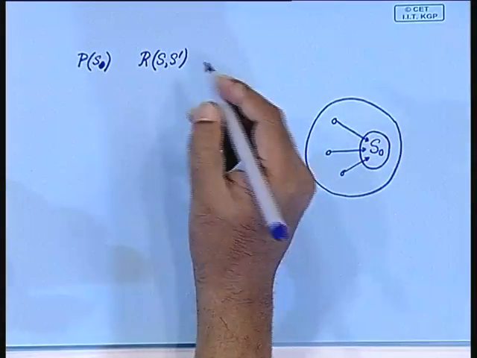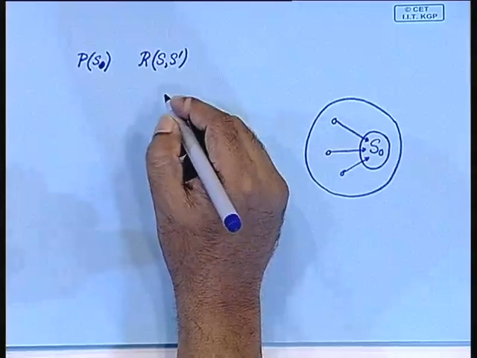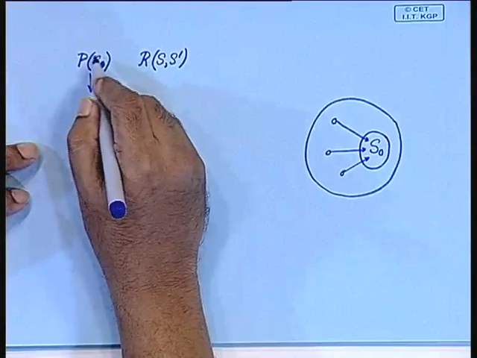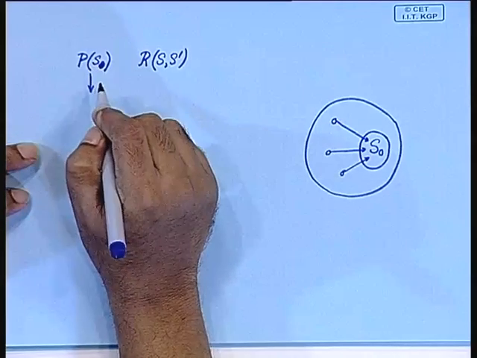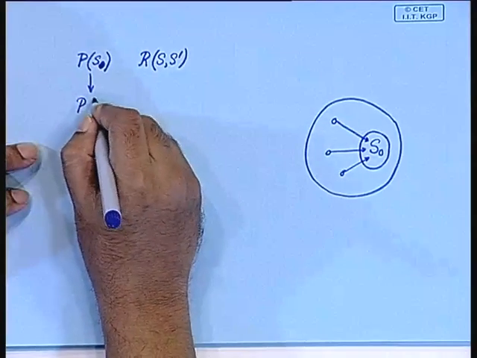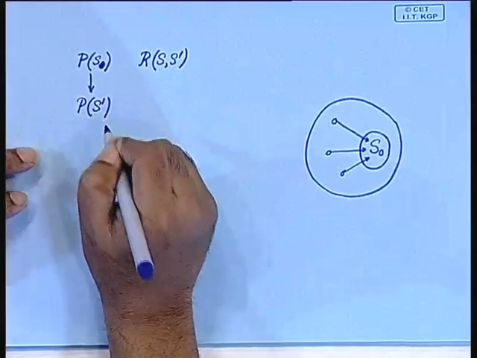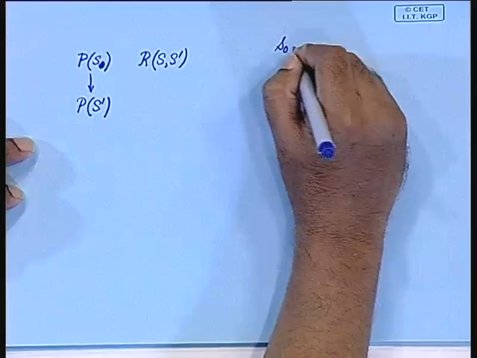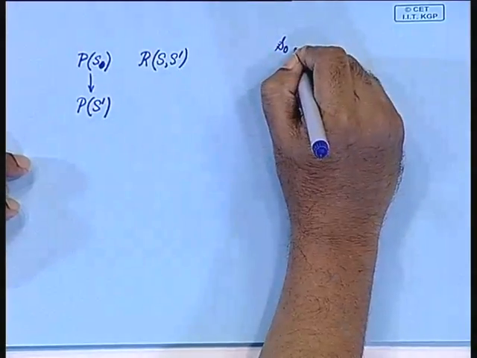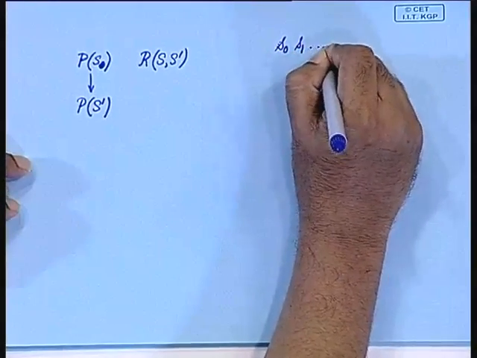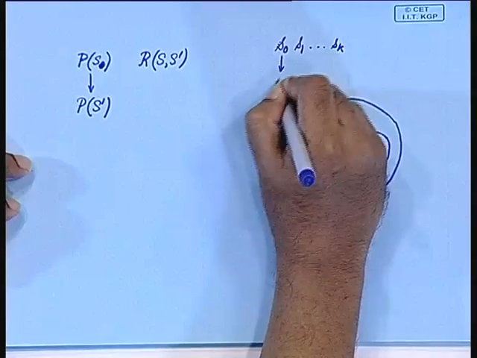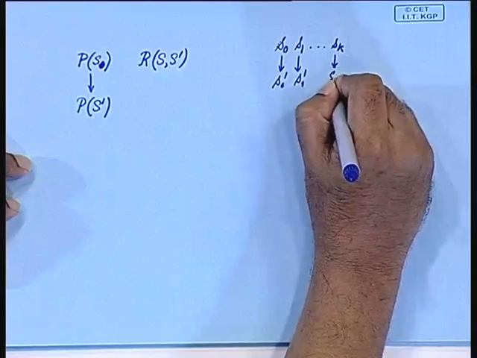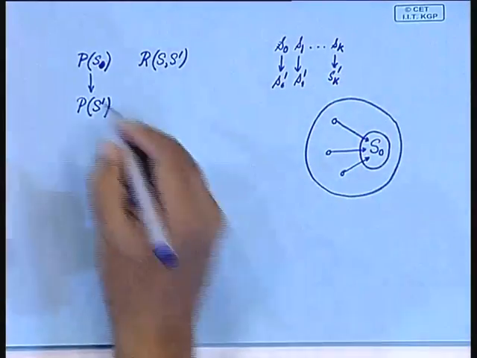To do that, let us rename the variables here from S to S dash. So, this is renamed to P S dash. Again, just let me reiterate that if this had variables S0, S1 through Sk, we just rename S0 to S0 dash, S1 to S1 dash, and Sk to Sk dash. Okay. We rename this.